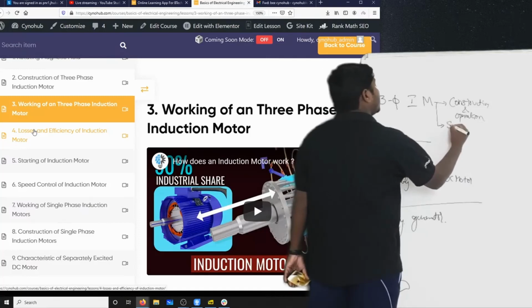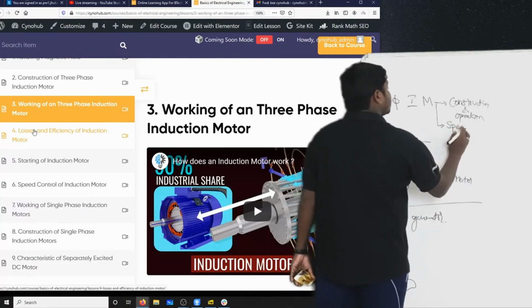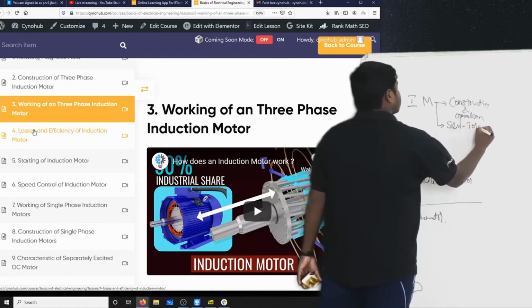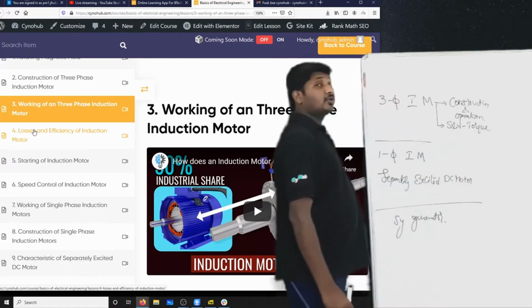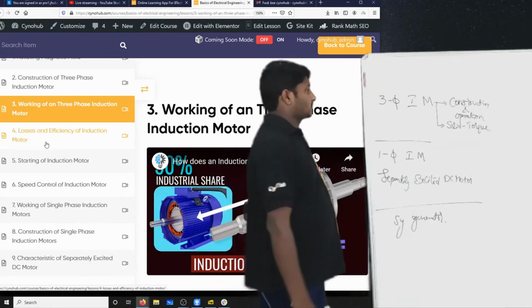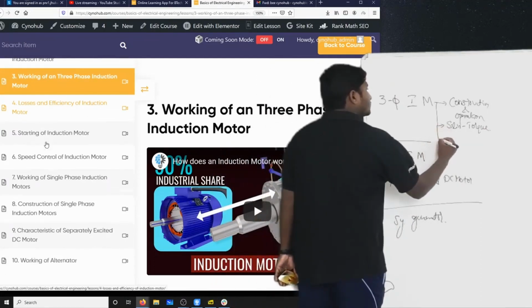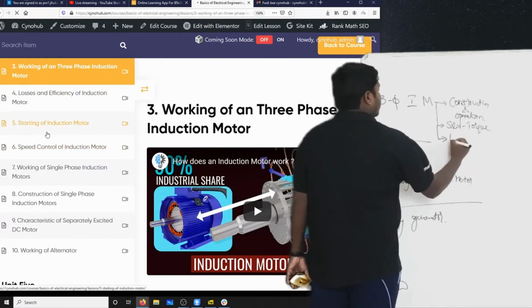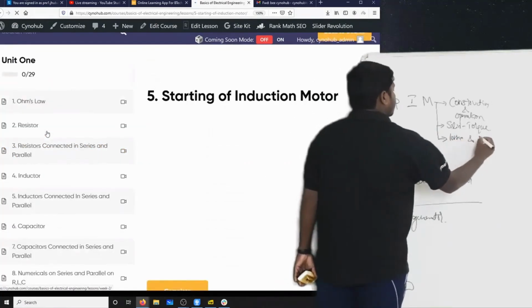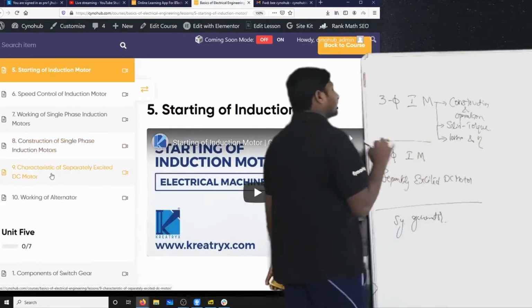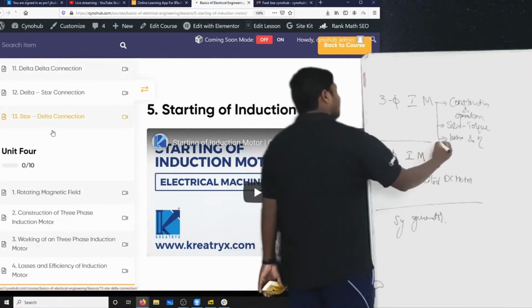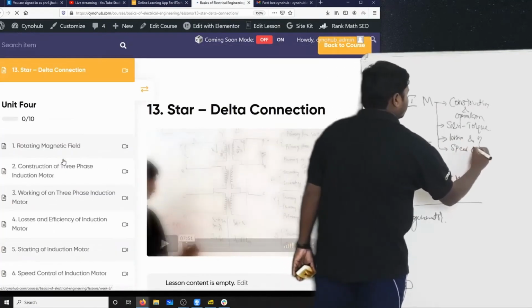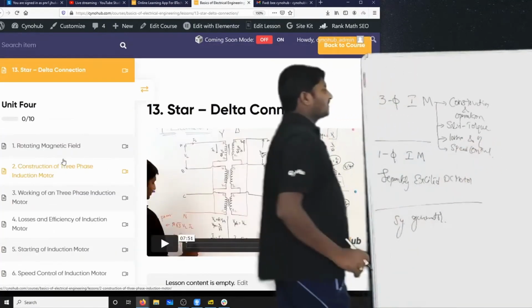Another important question is slip torque characteristics. Another one is losses and efficiency, and at last it is speed control.